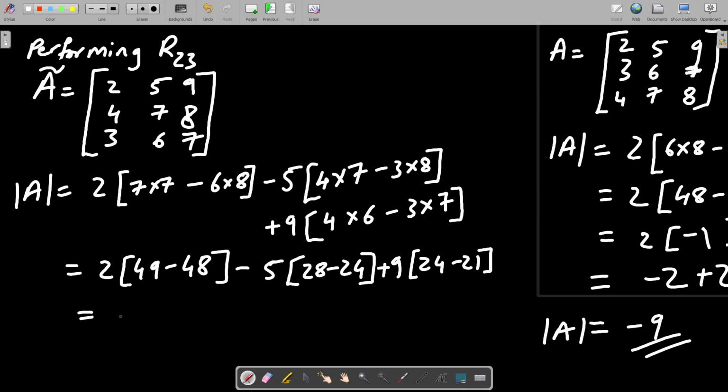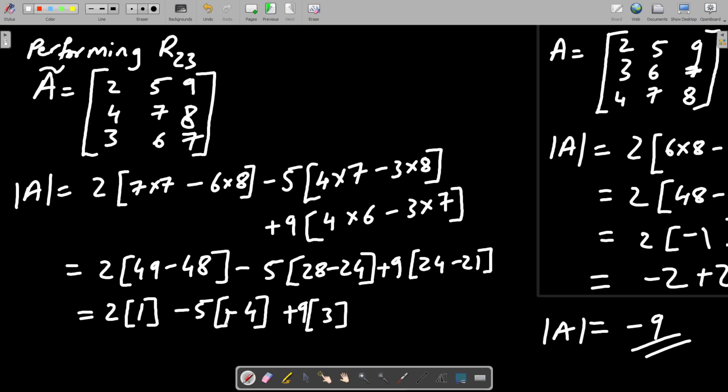So this will become 2 into plus 1, minus 5 into 4, plus 9 into 3.